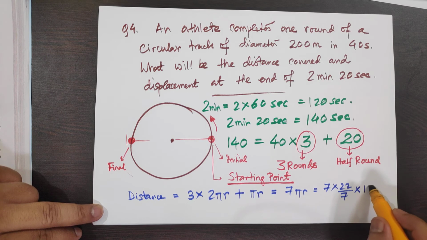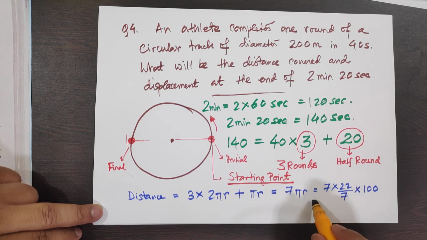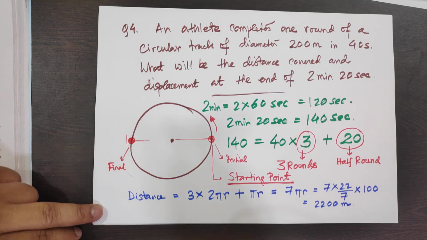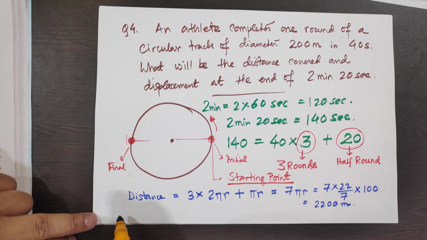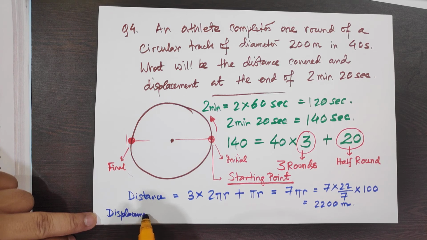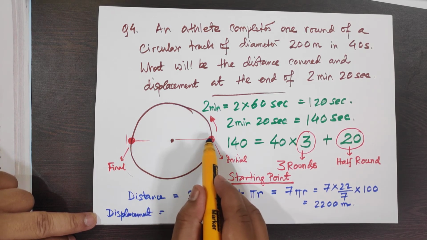Radius is 100 meter, as the diameter is 200. So distance is equal to 2200 meter, that means 2.2 kilometer.